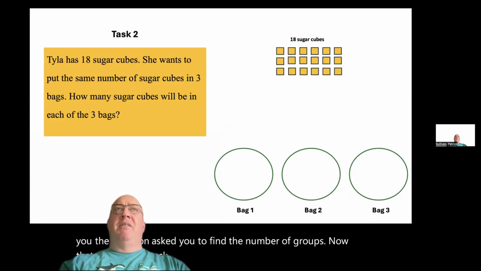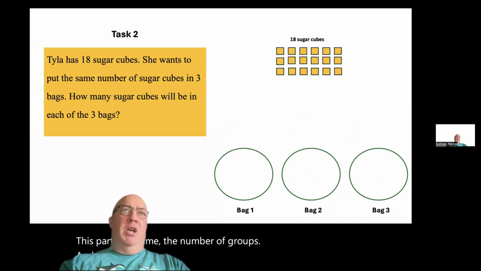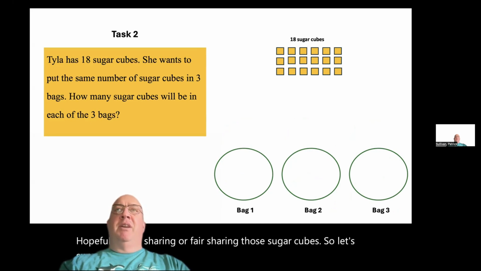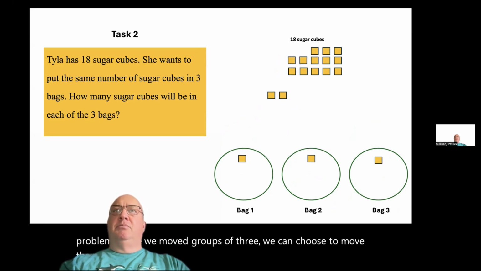The second task, you have 18 sugar cubes again. This particular time, you know the number of groups and you're moving, hopefully, fair sharing those sugar cubes. So let's suppose a student, again, in this particular case, unlike the last problem where we moved groups of three, we can choose to move them however we wish.